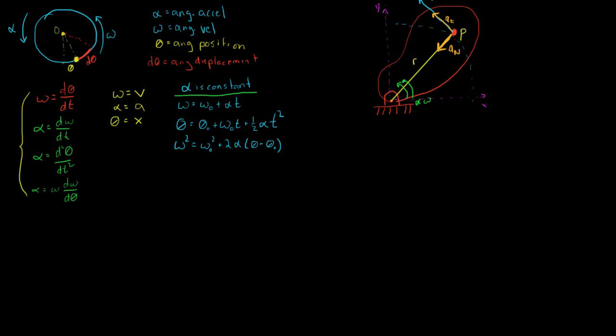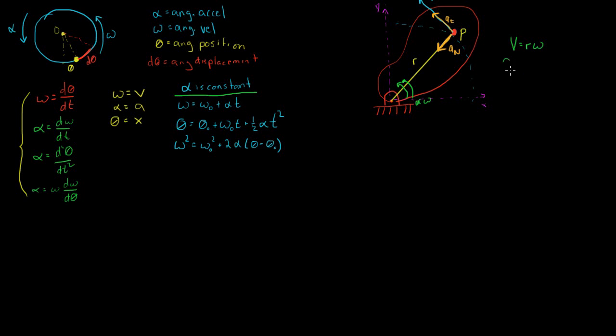The magnitudes of all these values, the velocity, the tangential acceleration, and the normal acceleration, I'm just going to give to you. I'm not going to derive it out. Maybe I'll do another video on where it comes from, but it would take a while. The velocity, v, is equal to this distance r times the angular velocity.